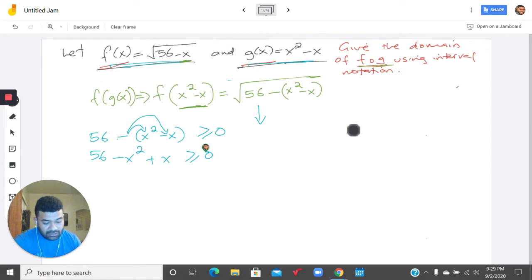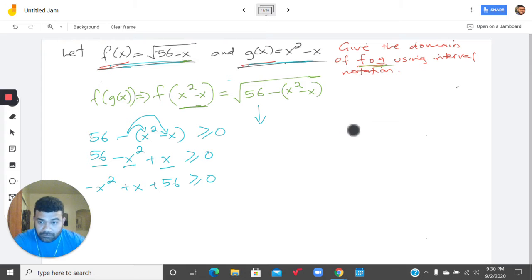Now by looking at this, we know we have an x squared, and then we have an x, and then we have just a normal number. So we know that this is a quadratic. So let's rearrange this. I'll begin with a negative x squared, and then a plus x, and then a plus 56 greater than or equal to 0.